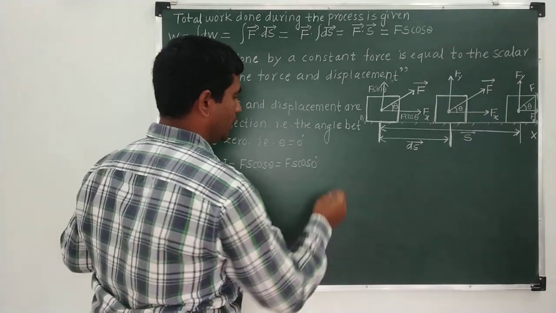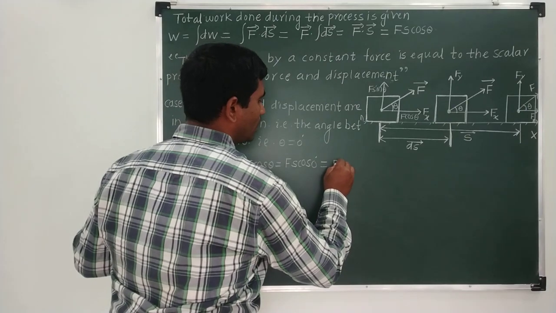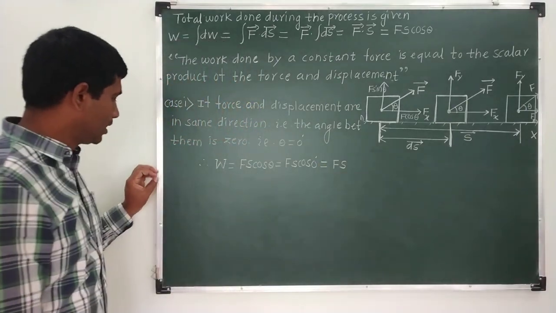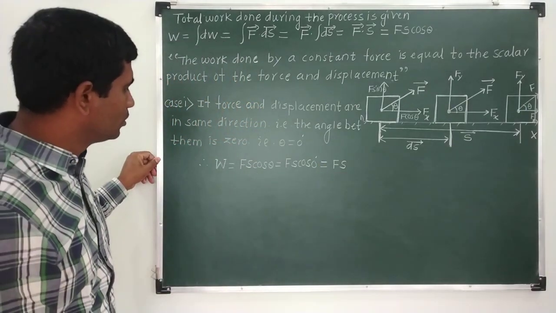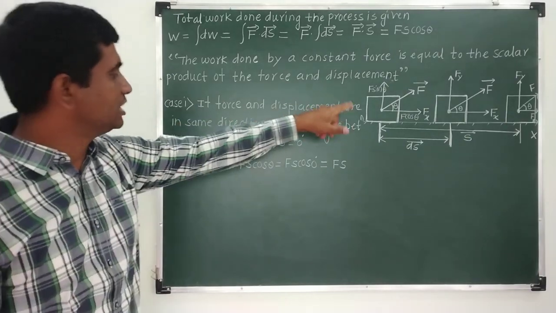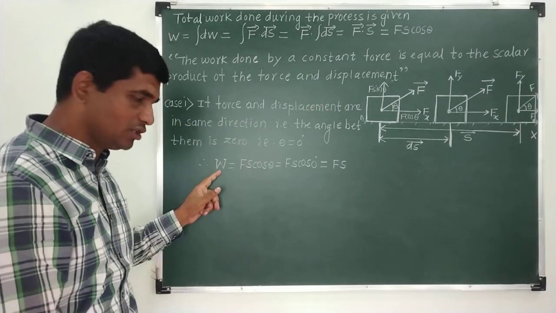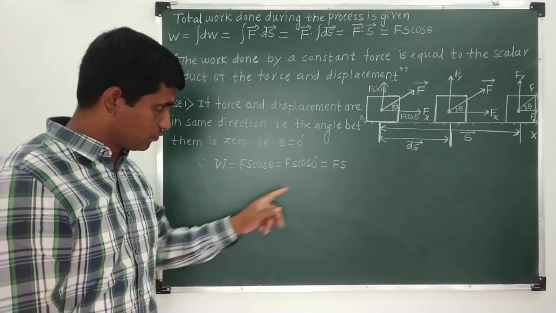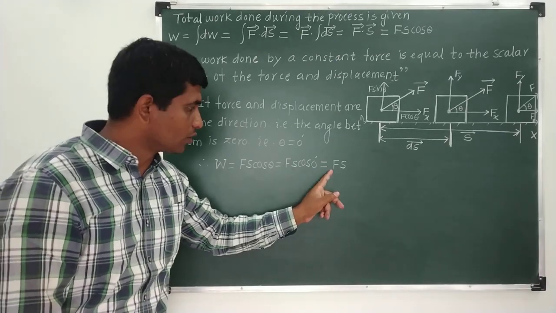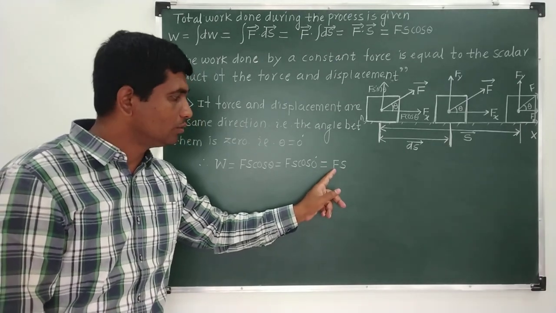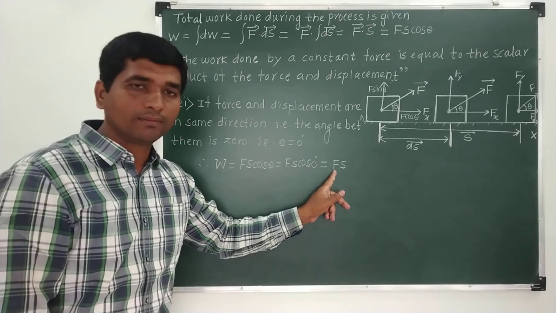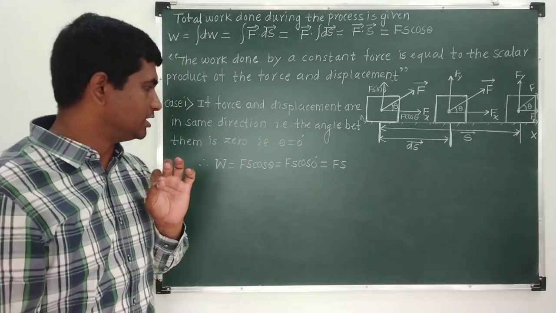It is 1. So it is F into S only. So if the force and displacement are in the same direction, the total work done by a constant force is nothing but the product of the magnitude of the force and the magnitude of the displacement.